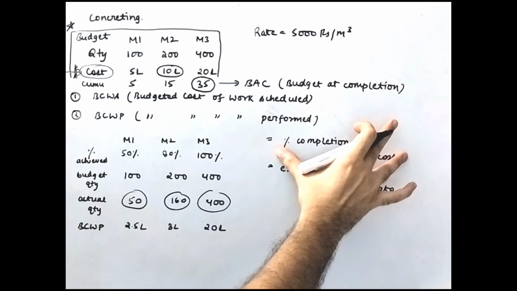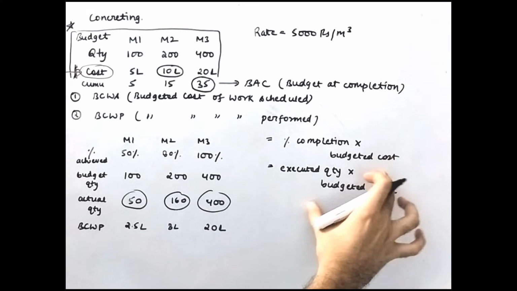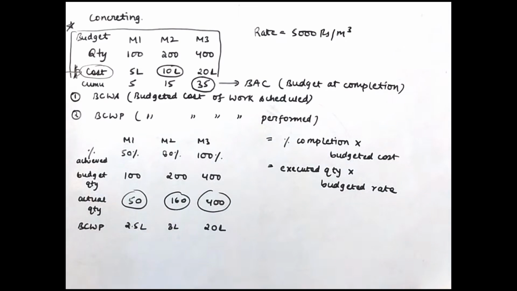But if you are doing it for a project, then you can use the other formula. This is mostly used for activity, because quantity will not be common for any project. You cannot say that for this project I executed this much quantity. You can always go with quantity activity wise. Okay, so I hope this is clear to you.